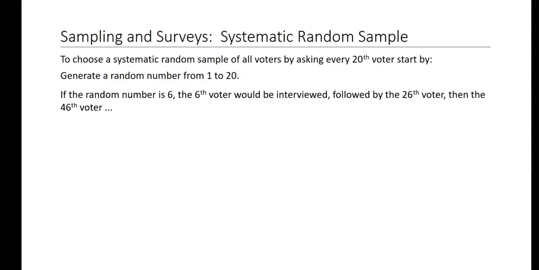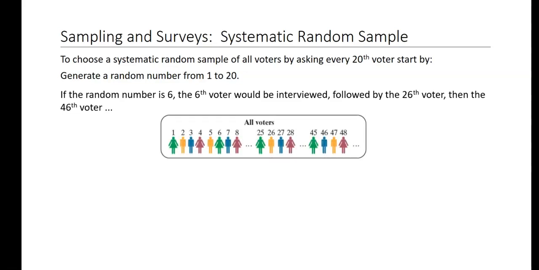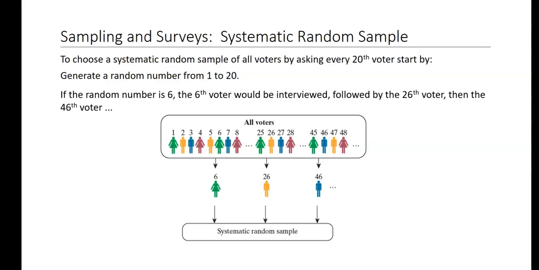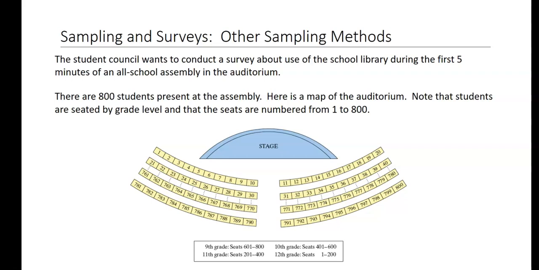So the 26th, the 46th, 66th, etc. You're choosing in a very systematic way. You can see we chose voter number 6, and then 26, and then 46, and so forth. That's called systematic. It can be a nice way to do it.